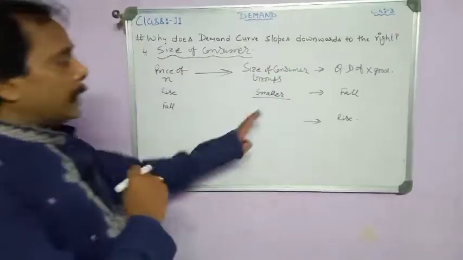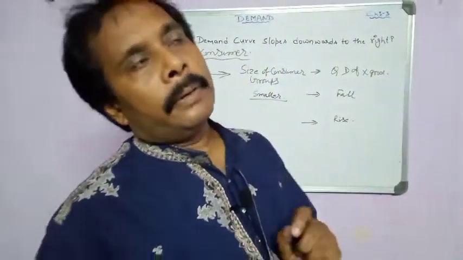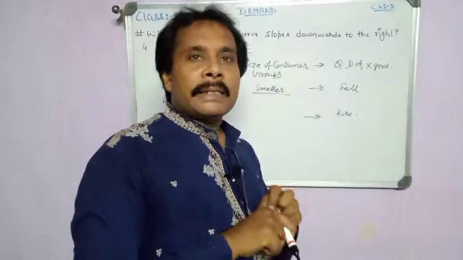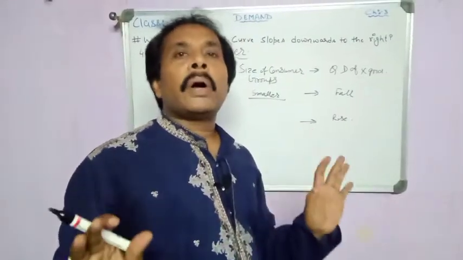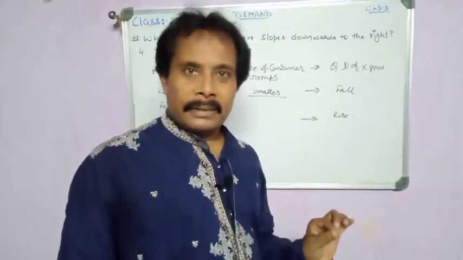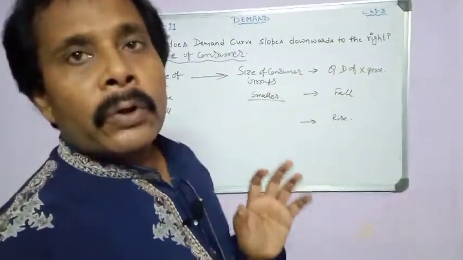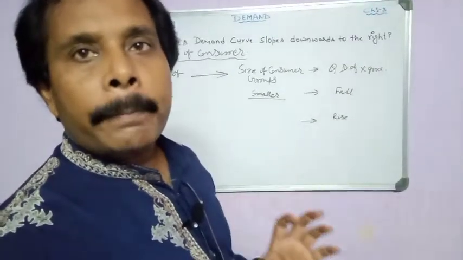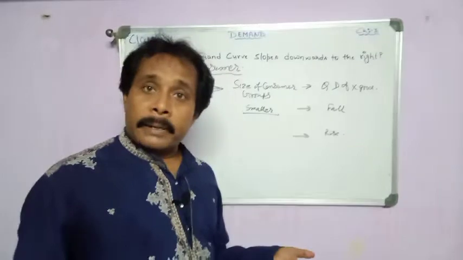Okay, why? I just want to give you one example. At the initial stage, if the price of the mango is rupees 200 per kg, in that case, in our country, very few consumers are capable to buy that good because the per capita income is low.